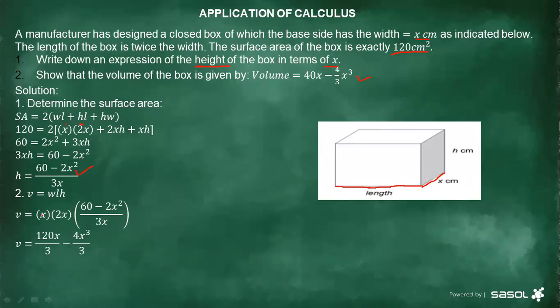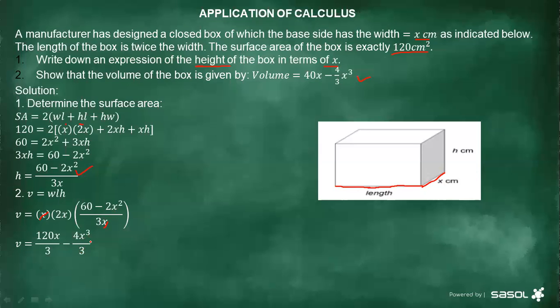You can see this x, it can cancel. 2x multiplied by negative 2x squared gives us negative 4x cubed over 3.